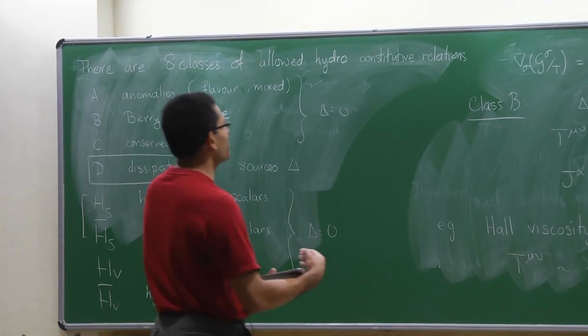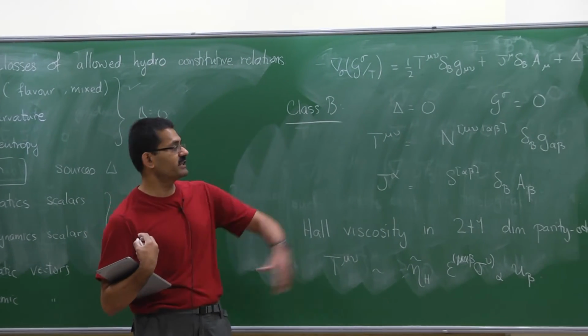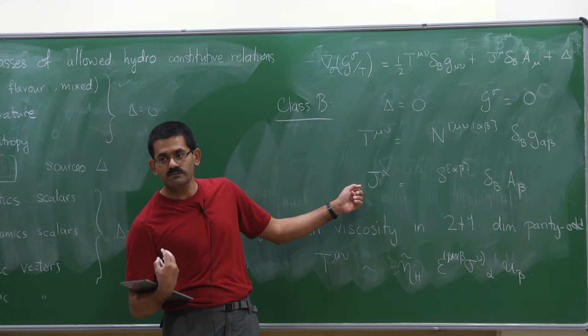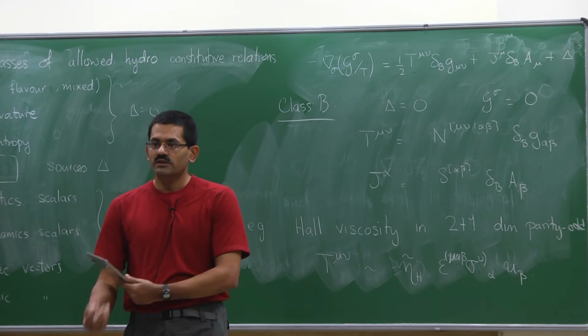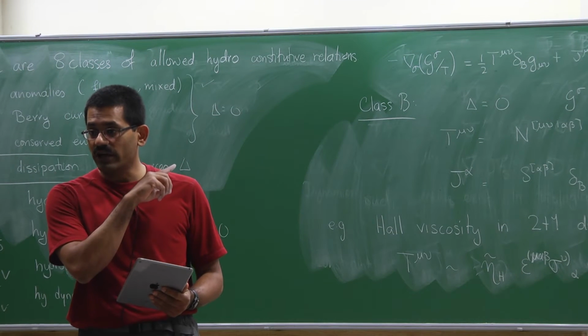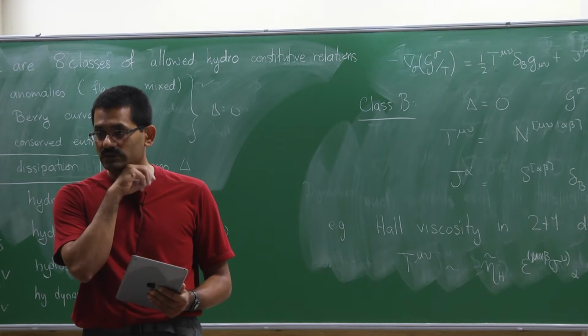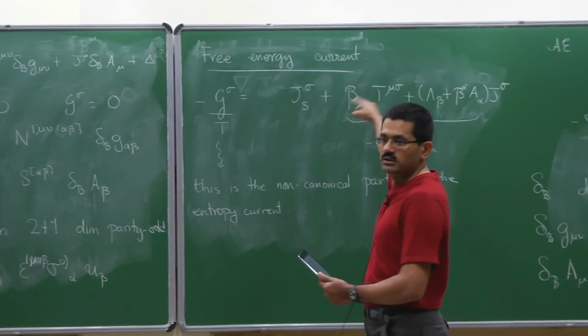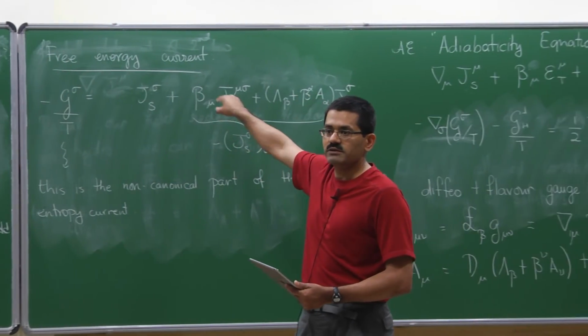The solution to the adiabaticity equation is one where there is no free energy current. These take this form and delta is 0. So in this case you have an entropy current, but it's just a canonical entropy current, because it's the entropy current that you get by solving this equation for J equals 0, G equals 0.